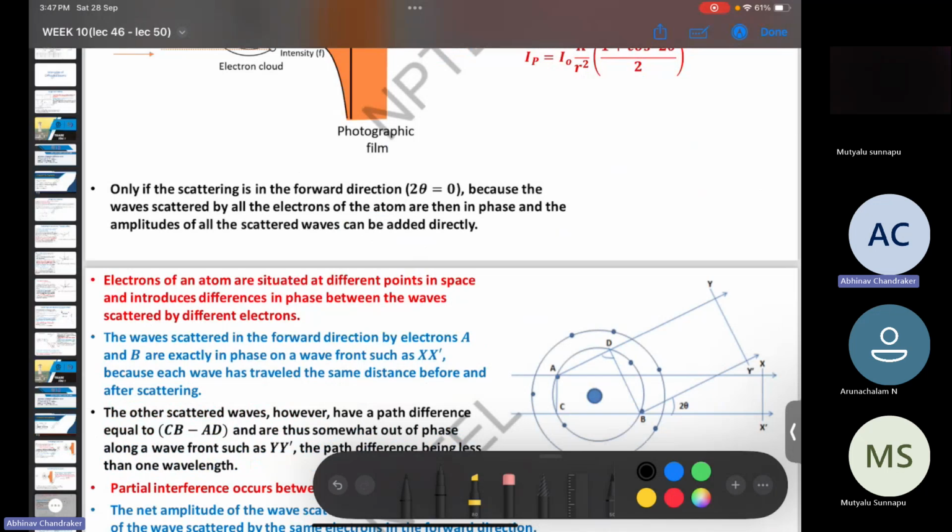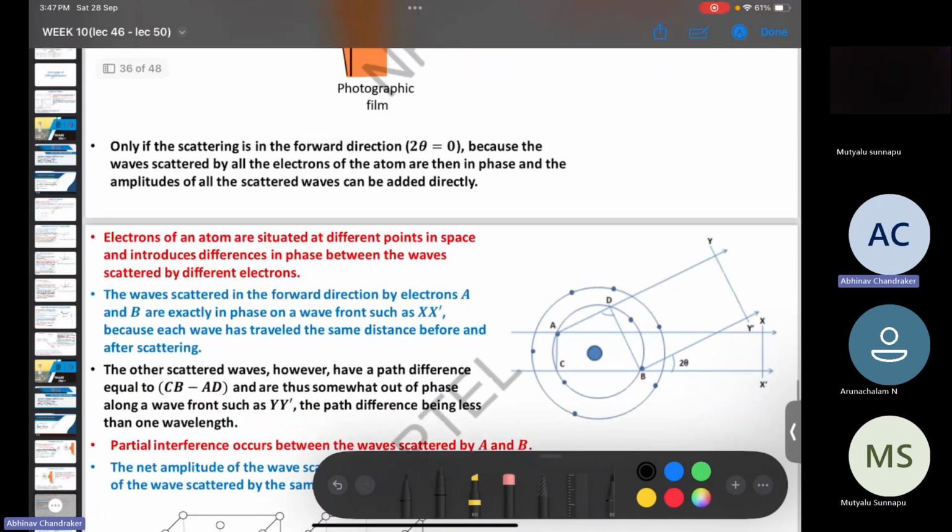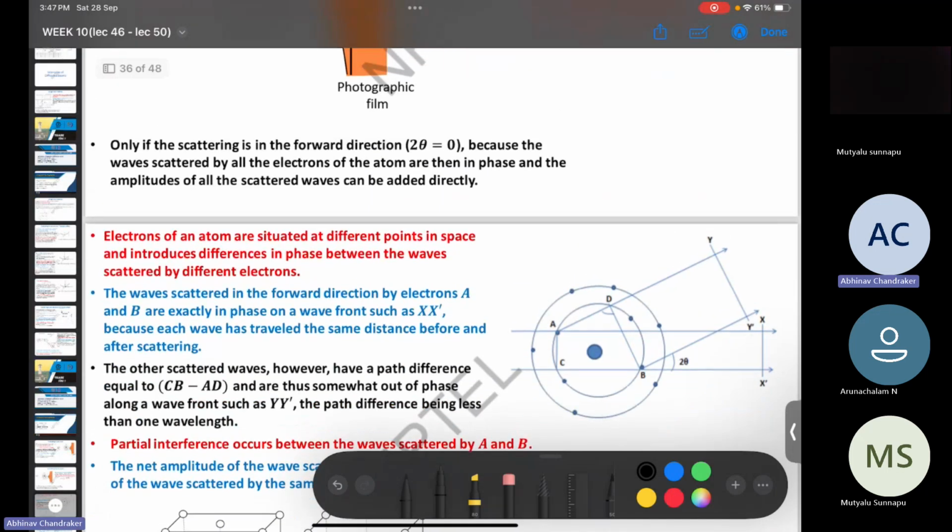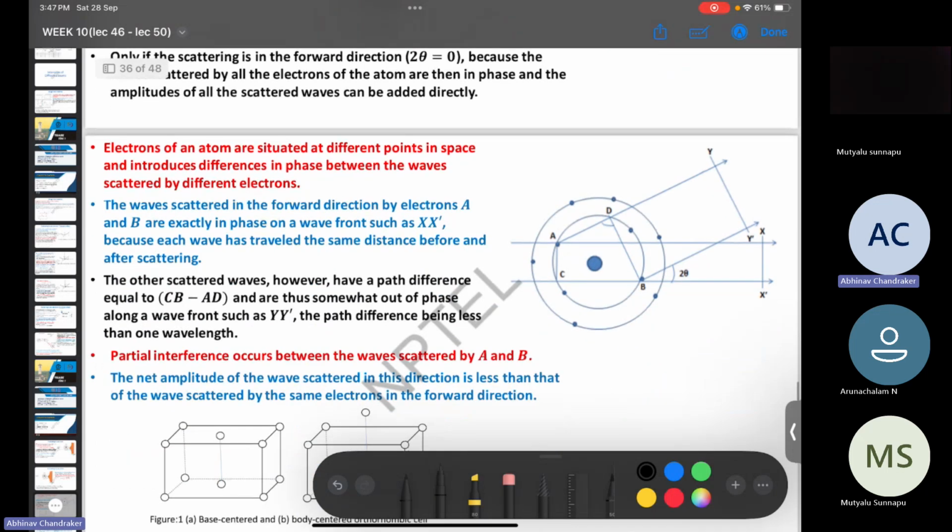If the scattering is in the forward direction, that is along the incident beam, for example in this plot, then there will be no path difference between the scattered beam from A or from B, because both these beams have traveled the same path.